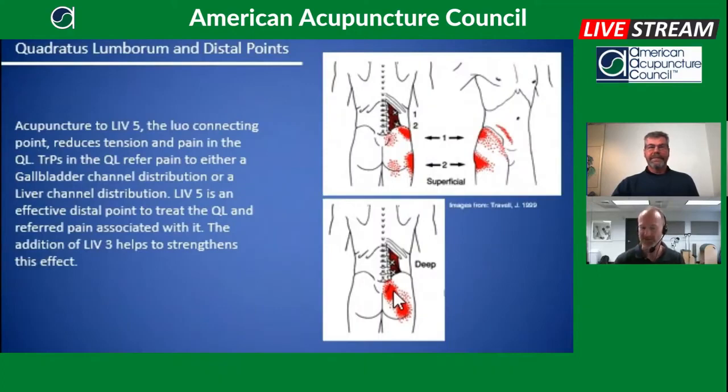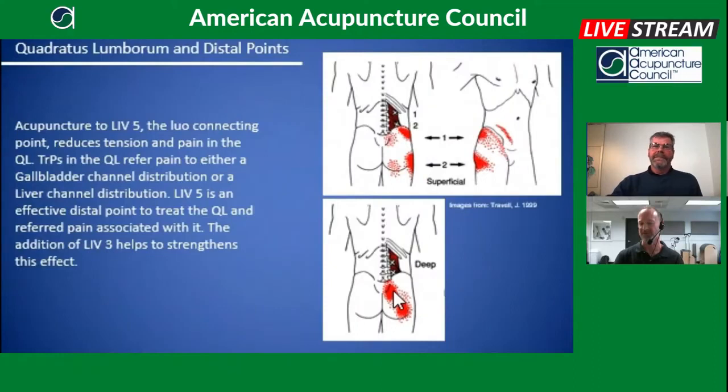That's open to debate, and I haven't seen it summed up that way in discussion of trigger point sensitization. But it would make sense to me because there's such a neurologically intimate relationship between those nerves and the quadratus lumborum.